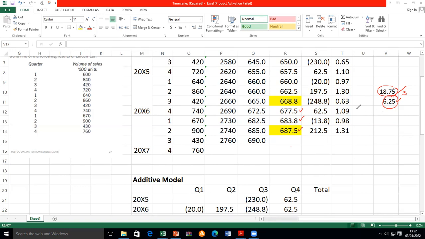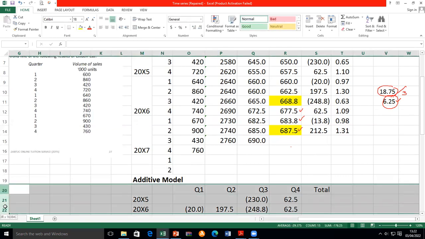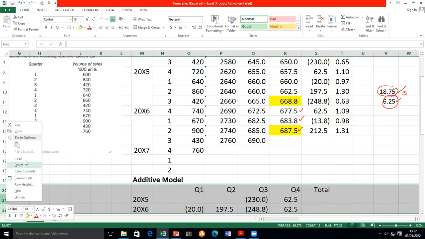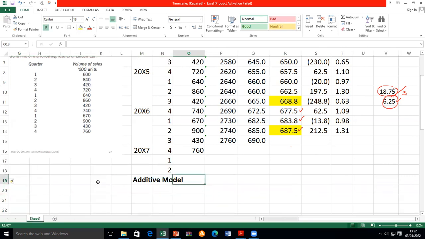6.25. So what I want you now to do is, we are going to move. Remember, we are looking for 20x8. So here we are, 20x8, quarter 1, quarter 2, 3 and 4. These values here are the ones I'm looking for.